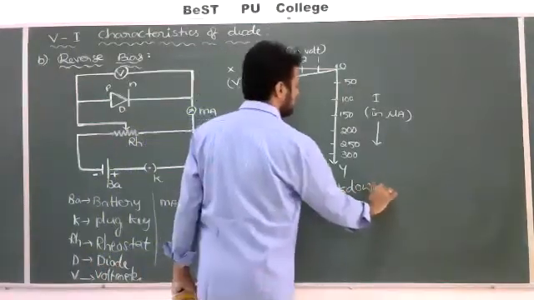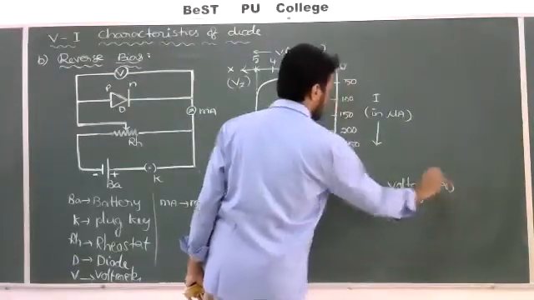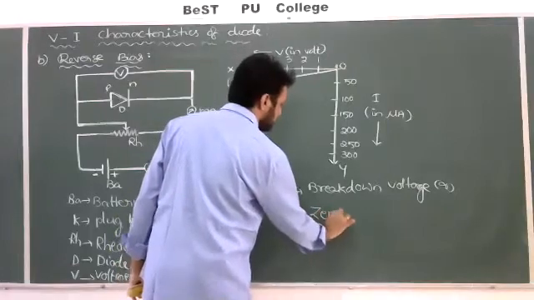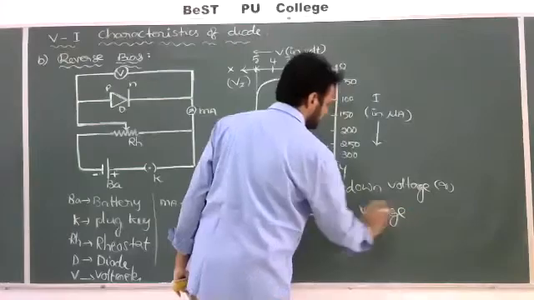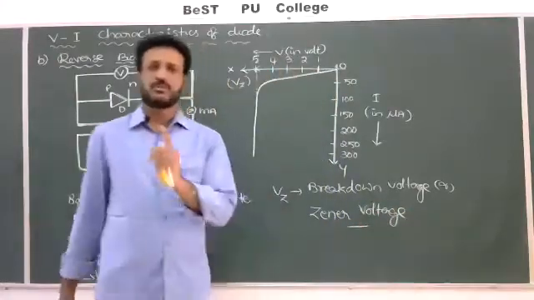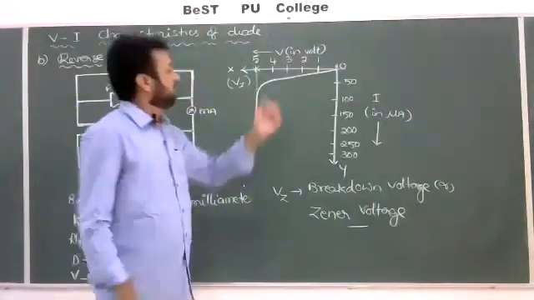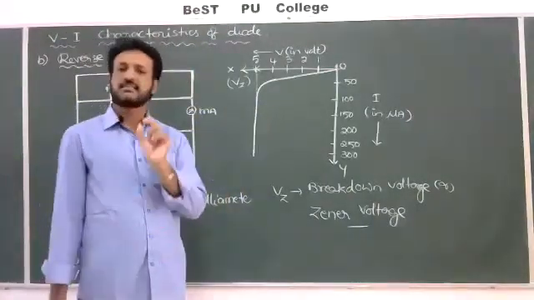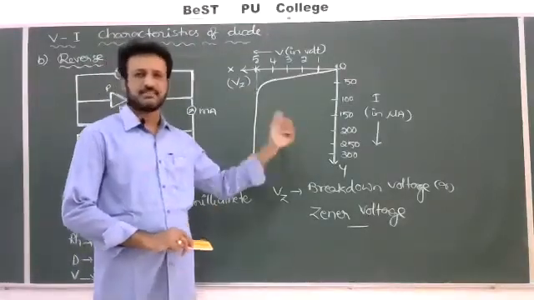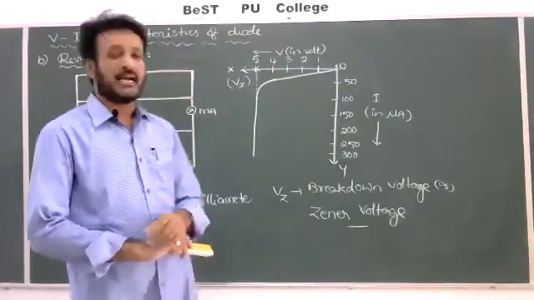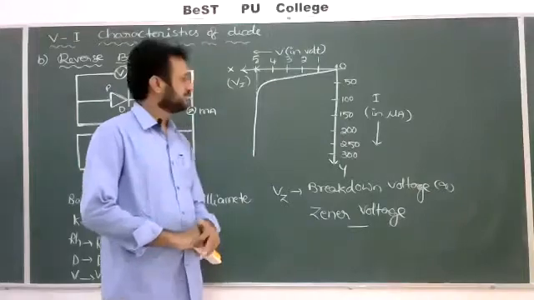Breakdown voltage is also called Zener voltage. So this will be important for one more question. What is meant by breakdown voltage or Zener voltage?